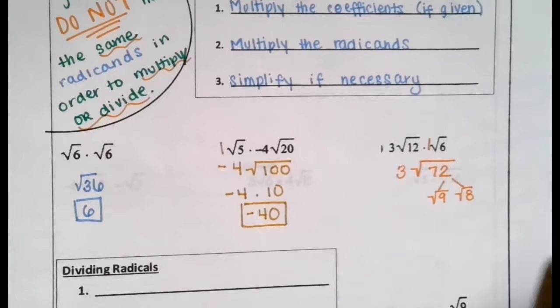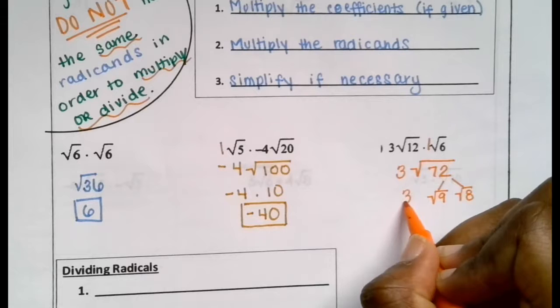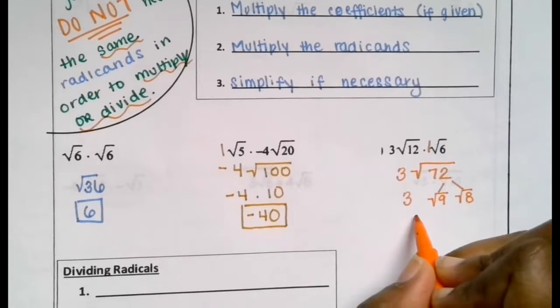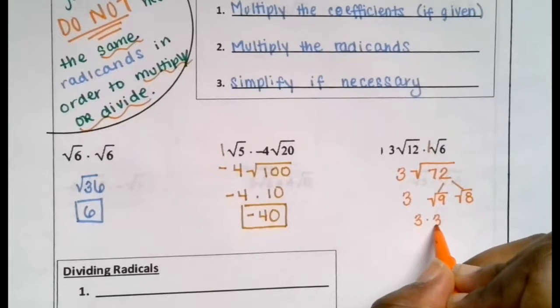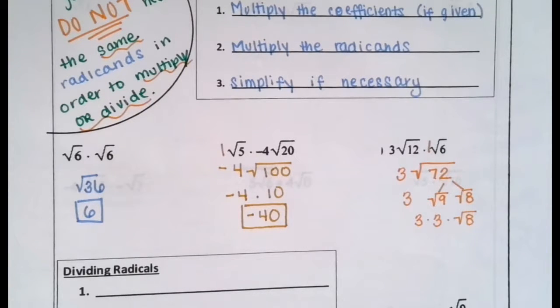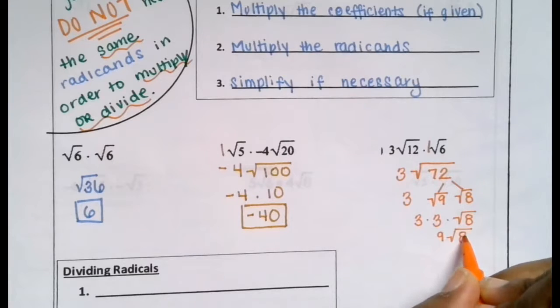Once I've broken it down, I'll then carry down my coefficient of 3. The square root of 9 simplifies to be 3. And I don't know what root 8 is, so I'm going to carry that down. And I carry down my coefficient. So now 3 times 3 is 9, root 8.